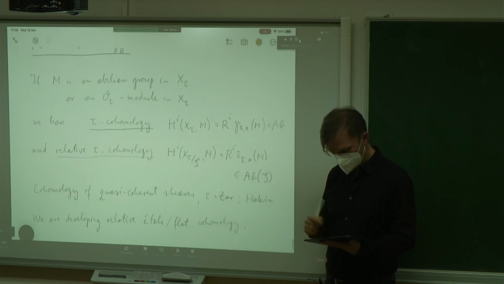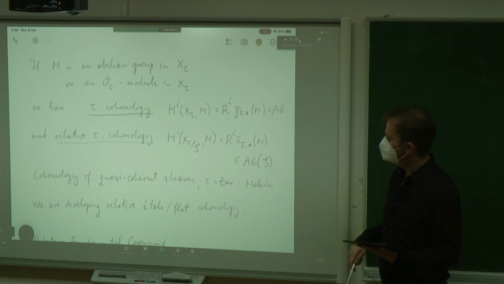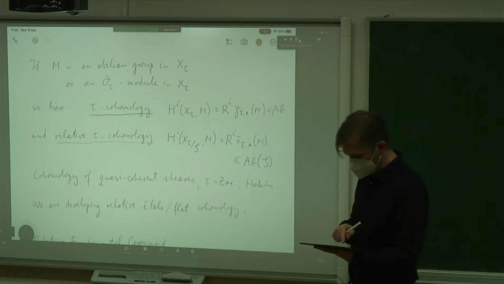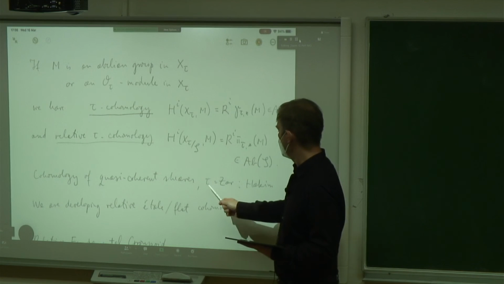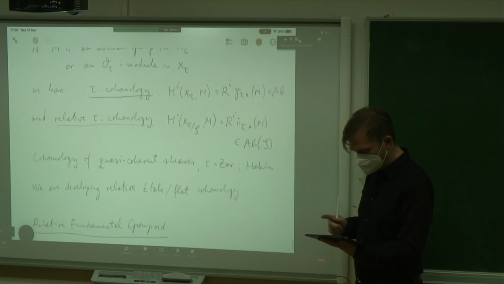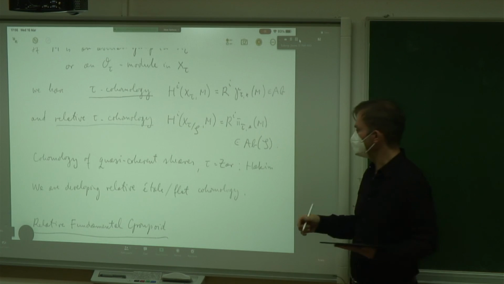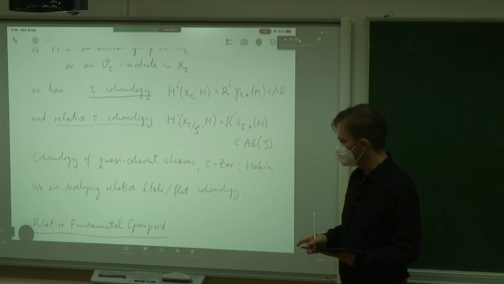And for example, Hakim already worked out quite a lot of theory in the case of cohomology of quasi-coherent coherent sheaves for Zariski topology. And I'm developing results, following the classical theory. I'm developing relative étale and flat cohomology.